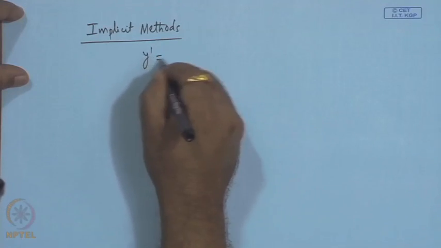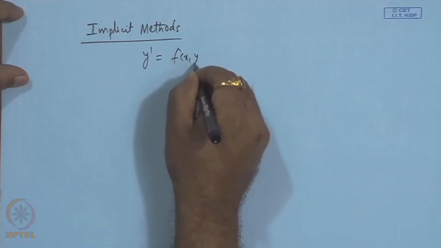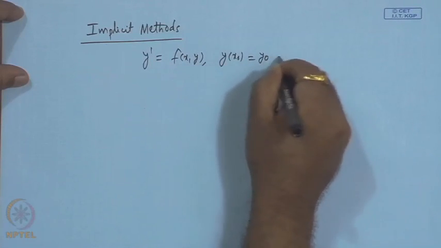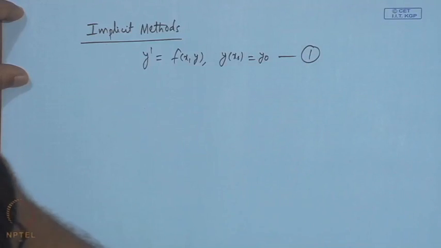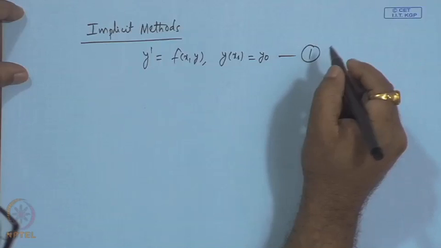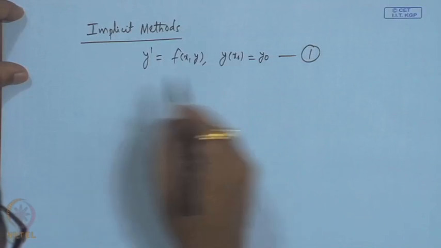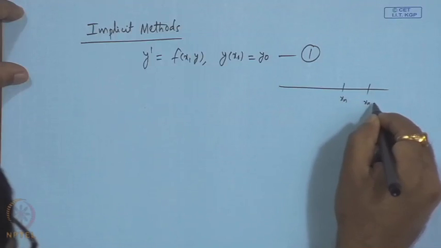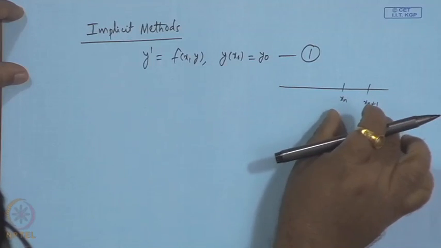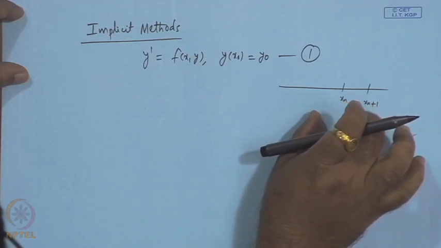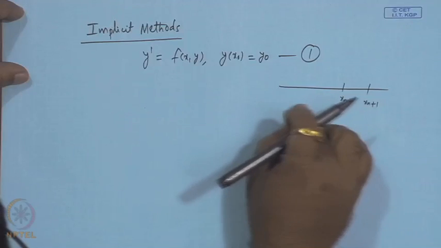So, y dashed is f of x y. So, this is our initial value problem. Now, for the explicit method we have integrated only within one interval. So, now for the implicit we are stretching to the left.